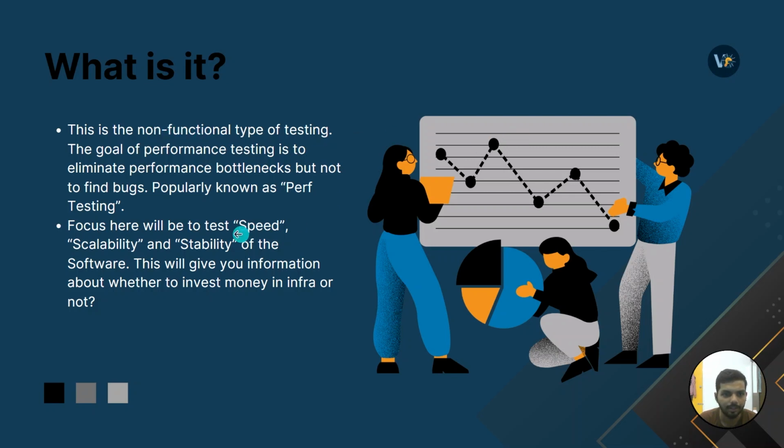It focuses on these three aspects: the speed of the application, scalability and stability of your software. By the end of this performance testing, you will have an idea about whether to invest money in your infrastructure, or whether you have invested more than needed.